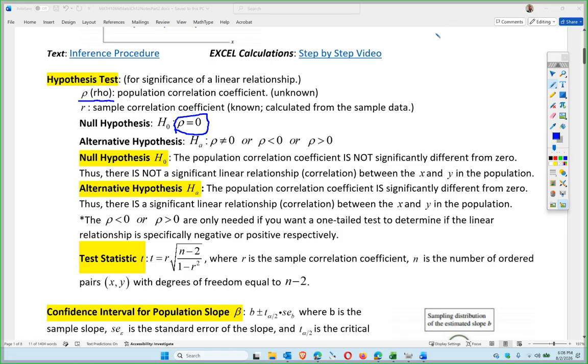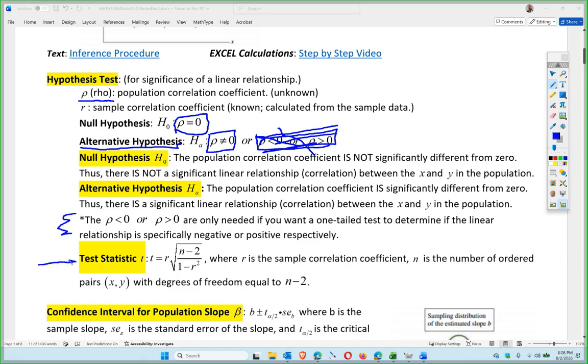So we find enough evidence to say that it is the alternative hypothesis, which means we reject the null. So not equals means we found enough evidence, which means it's significant and it is a linear relationship. We're not going to bother doing the one-tail ones. We could do those, but that just shows us specifically left or right tail. That's just an additional step. Just saying it's linear is good enough for now.